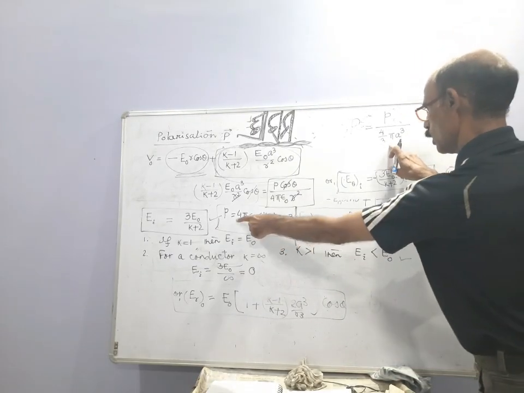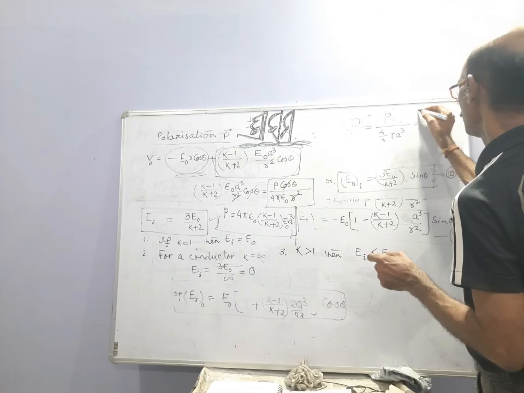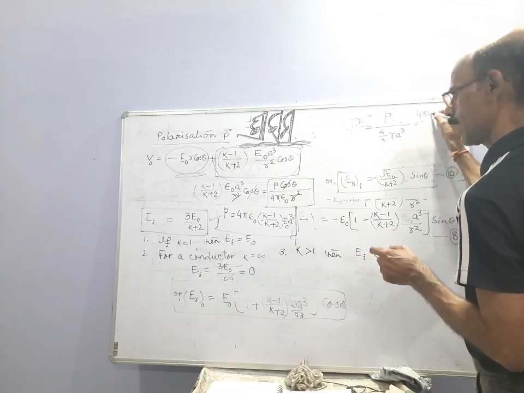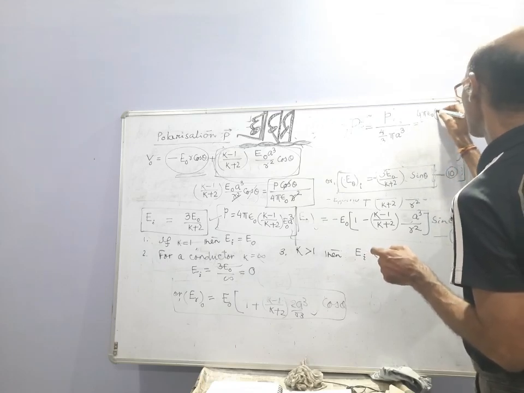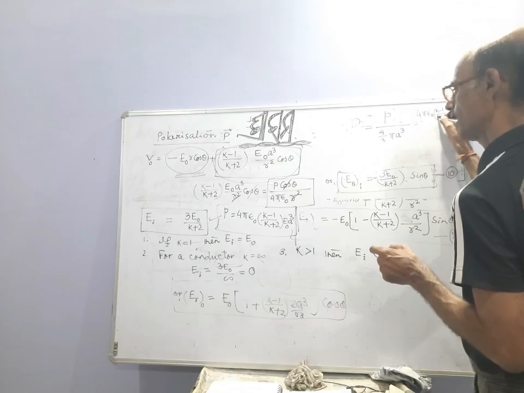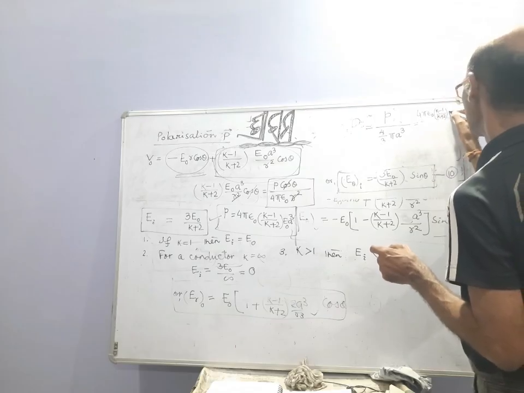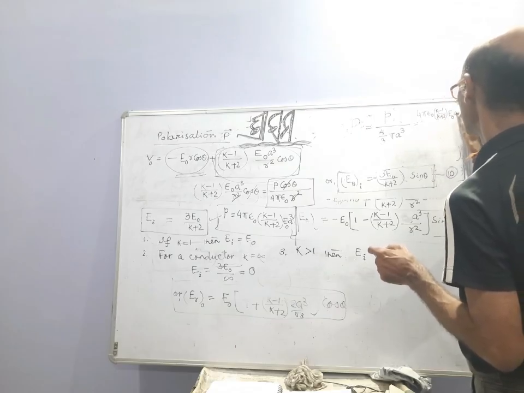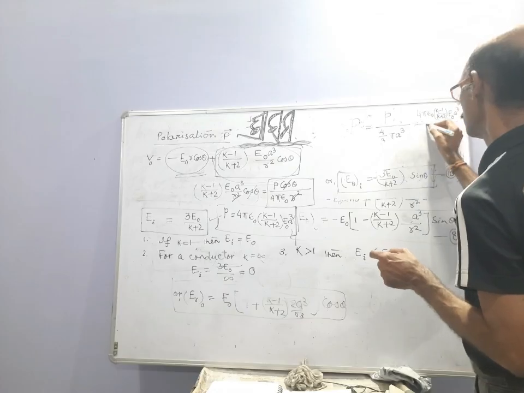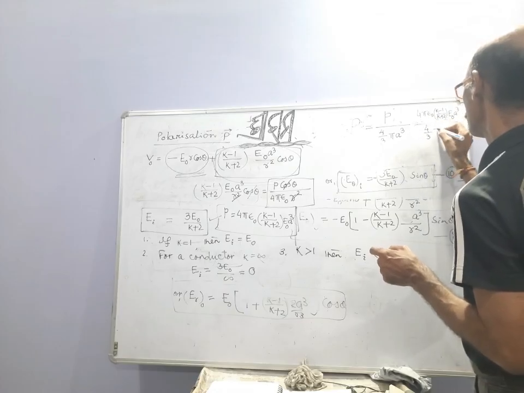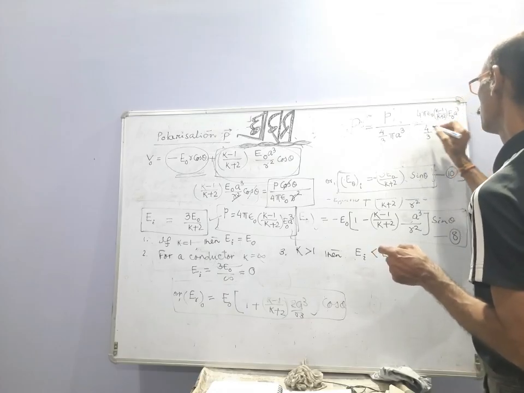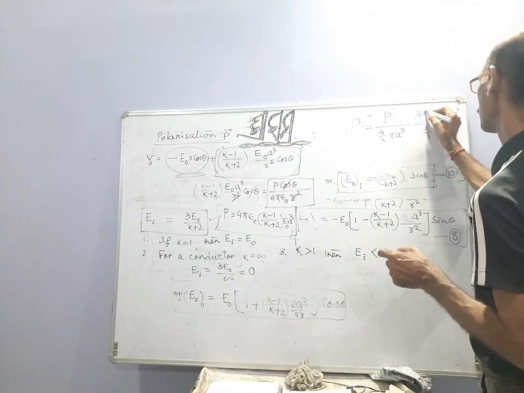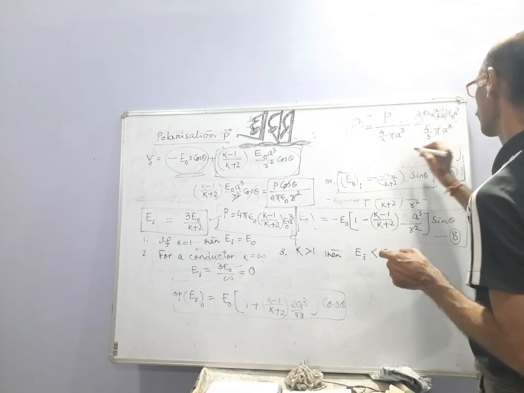So P is 4 pi epsilon naught (k minus 1) by (k plus 2) E0 a cubed divided by 4 by 3 pi a cubed. 4 cancels, pi cancels, a cubed cancels.